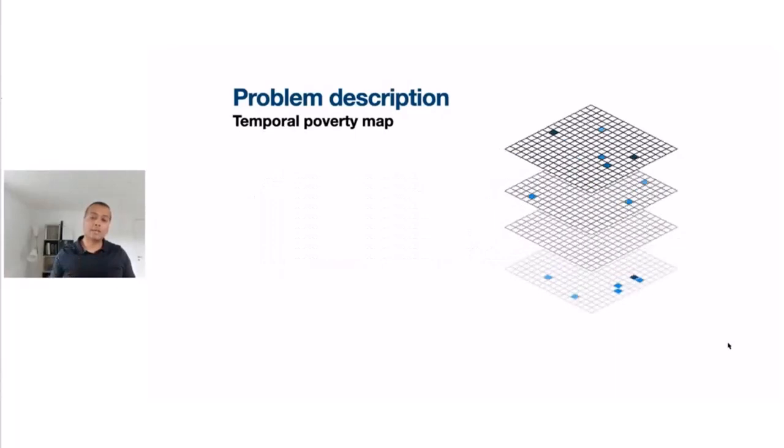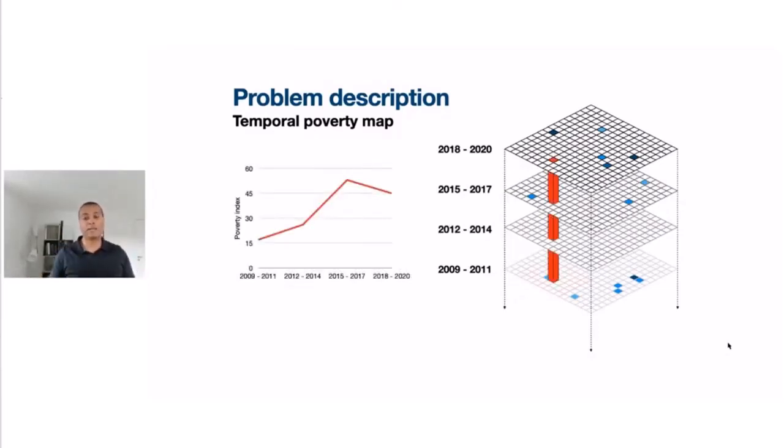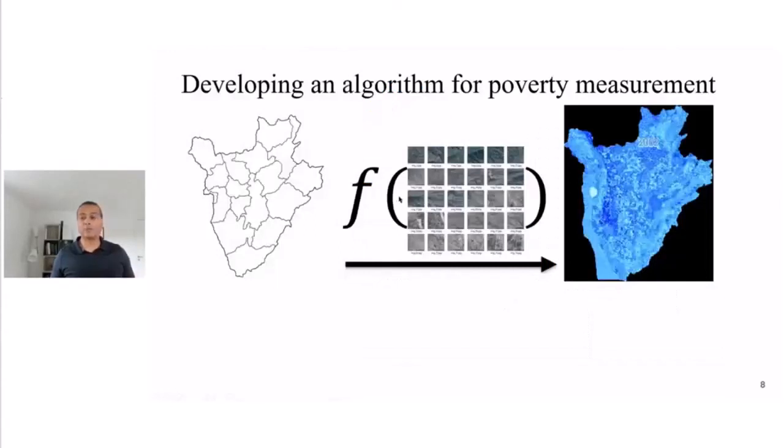We train a machine learning algorithm on the points where there are survey points that we know. We then use the algorithm to impute where the red line is, to see how development has occurred over time in space.